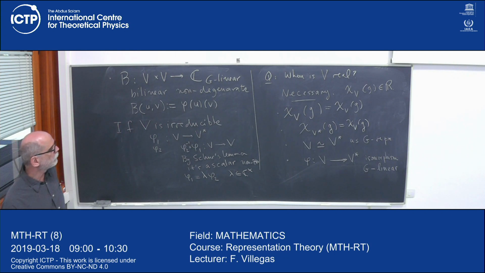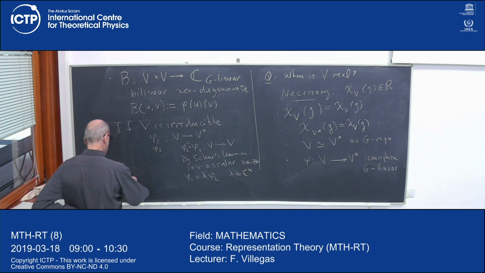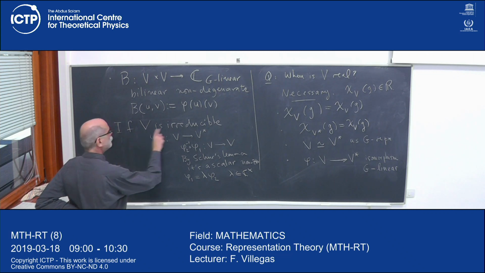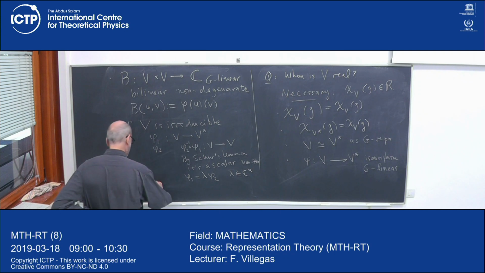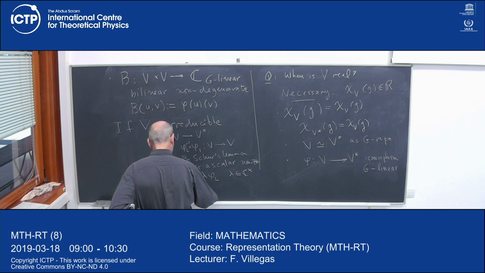Or just to say it in words, if V is irreducible, then Phi is unique up to scale.